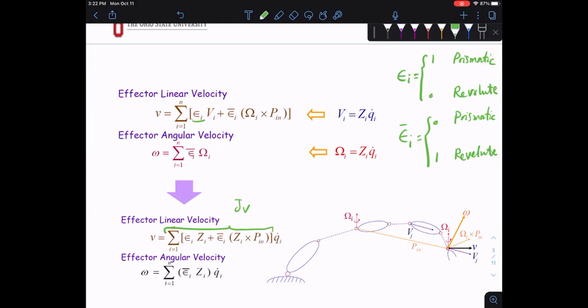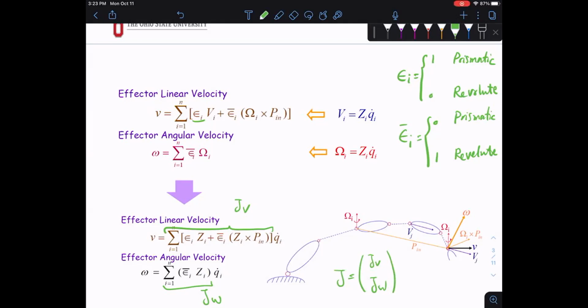The angular velocity of the end effector is equal to something times the velocity of the joint. I know everyone knows it. It's just late in the afternoon, nobody wants to talk. J omega, right? We know that J is J_v over J_omega. So if we expand this, put it here, and expand this, put it here, you will have our Jacobian.